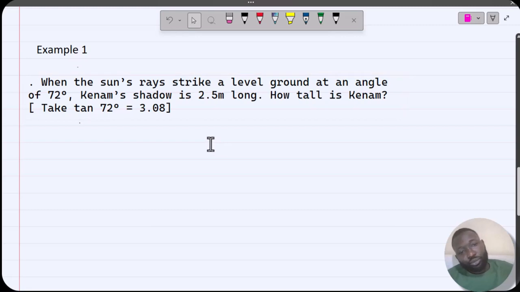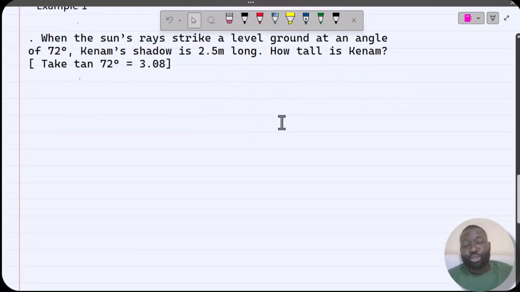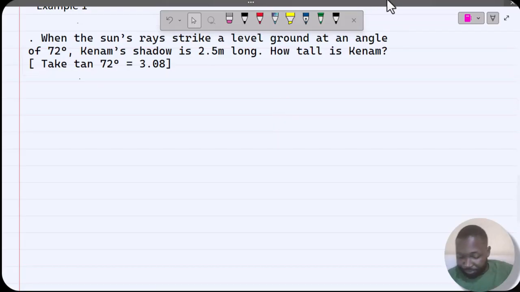Now, let's start with the breakdown of this question. This is a practical one. So imagine, let's say you have the sun right here, my beautiful sun.